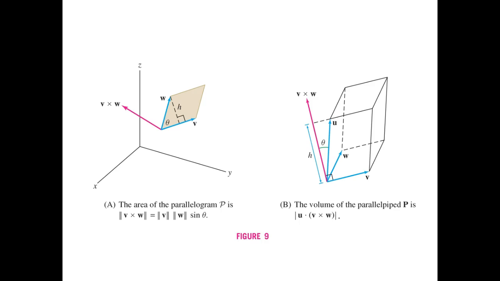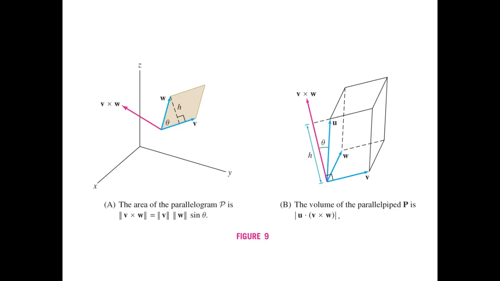None of those three vectors has to be perpendicular to anything with each other. Here is u going up this way, v here and w here. Those could be any angles between any two of them that you want. Nothing has to be perpendicular.